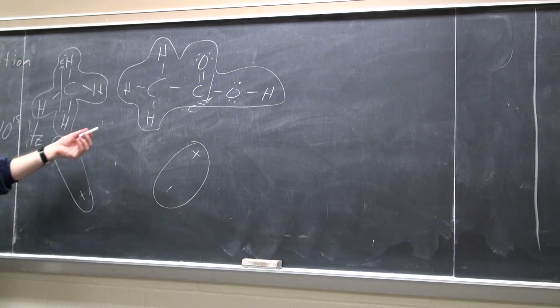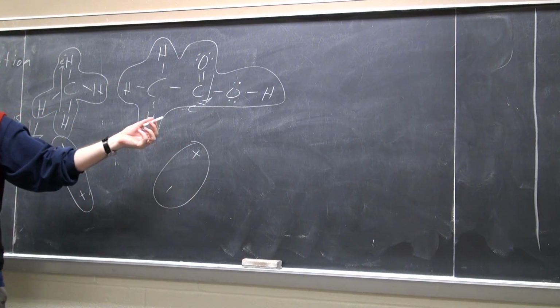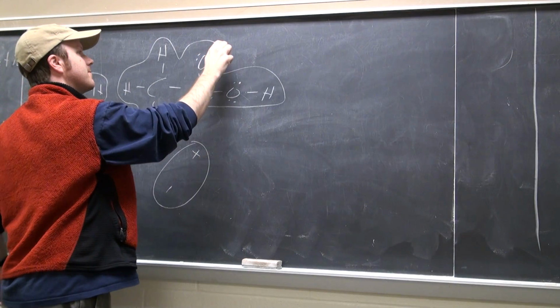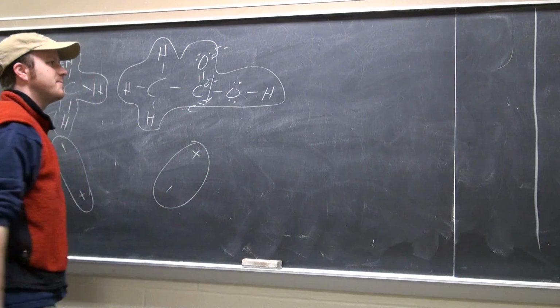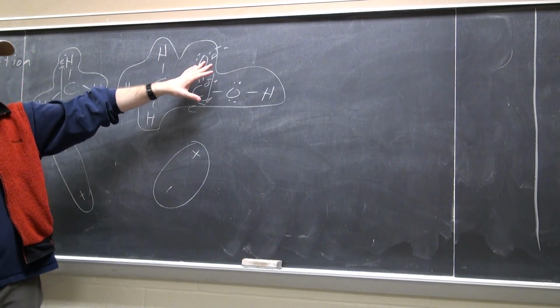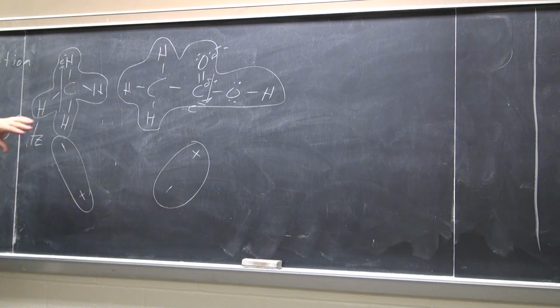So, is there a permanent dipole in acetic acid? Yes, there is, right? There's a permanent dipole in acetic acid, and so this dipole is going to be there no matter what. But in methane, is there a permanent dipole? No. And so the oscillation of the dipoles in methane is very fast, 10 to the 10 or 10 to the 15.